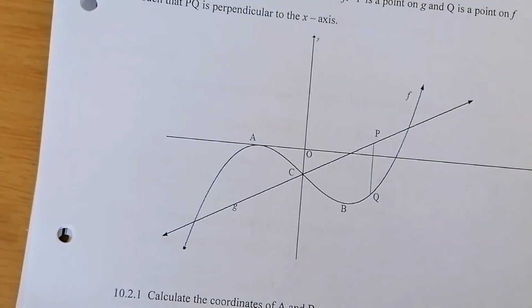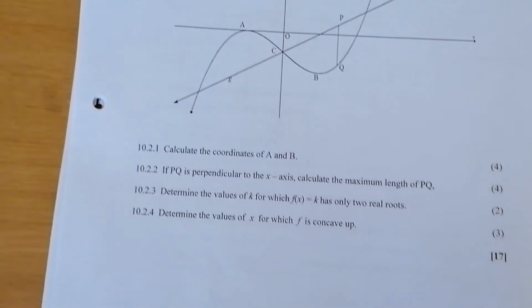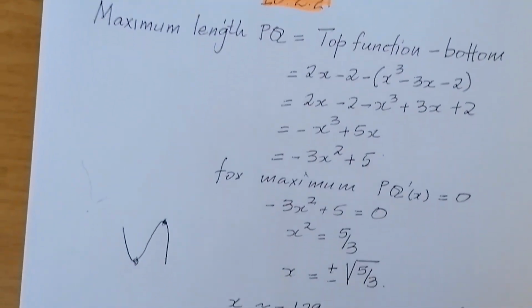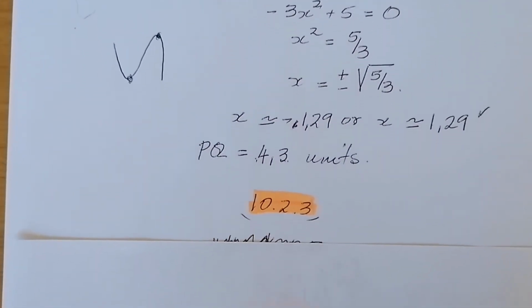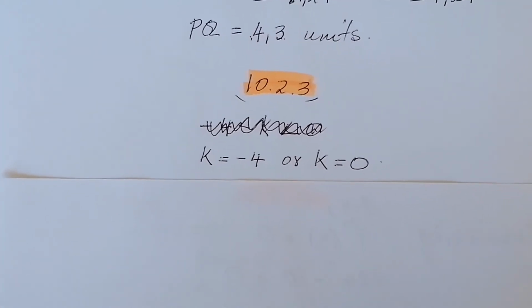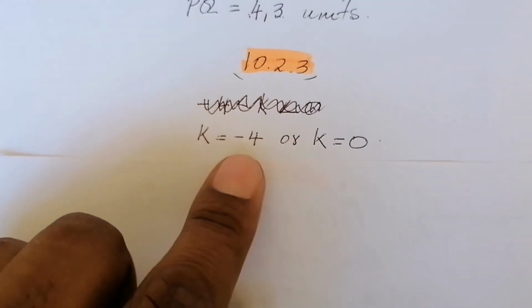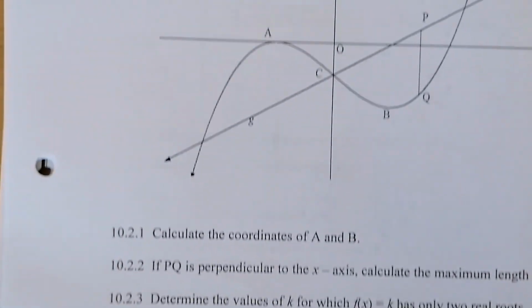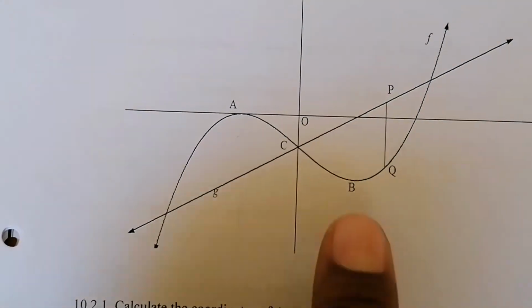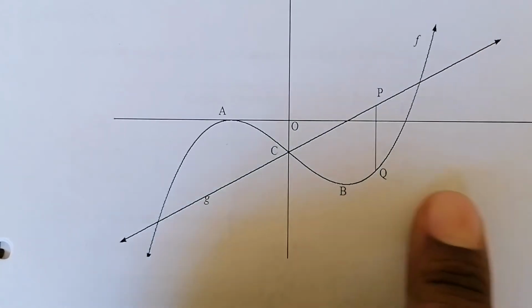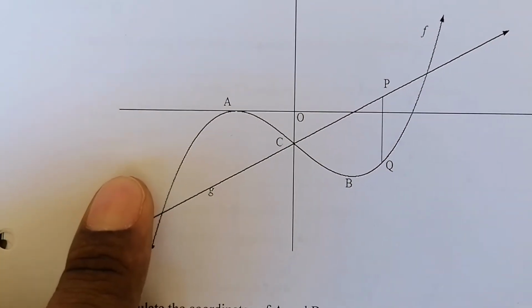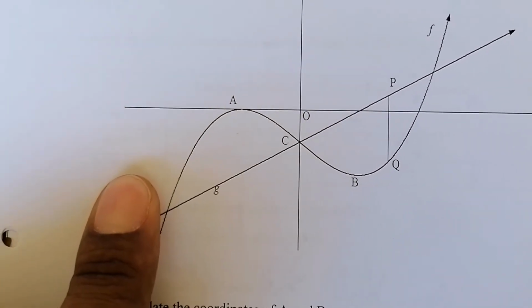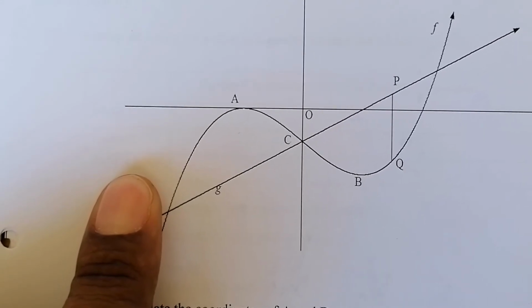Now, let's go and represent that mathematically. So I hope that you still remember everything that I've said to you. When k is -4, that is when the x-axis is drawn at this point, we will have 2 real roots only.